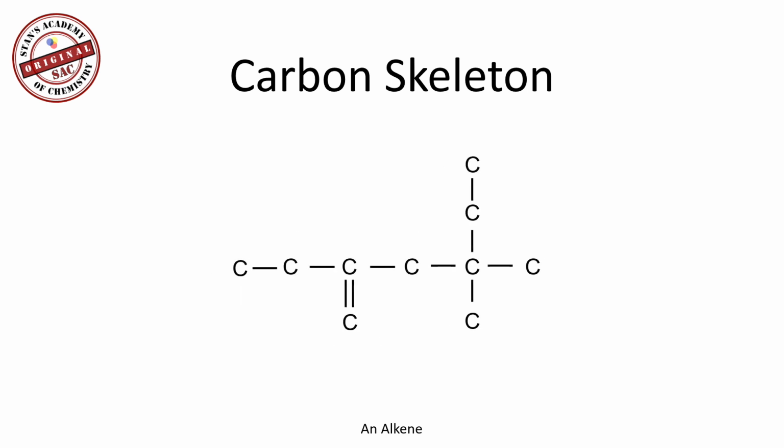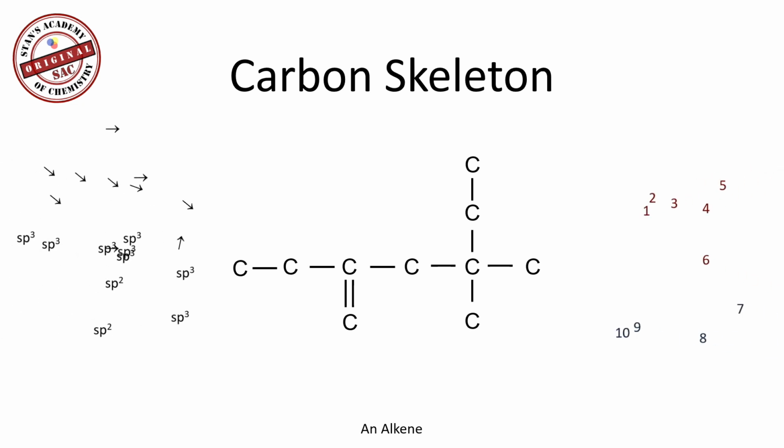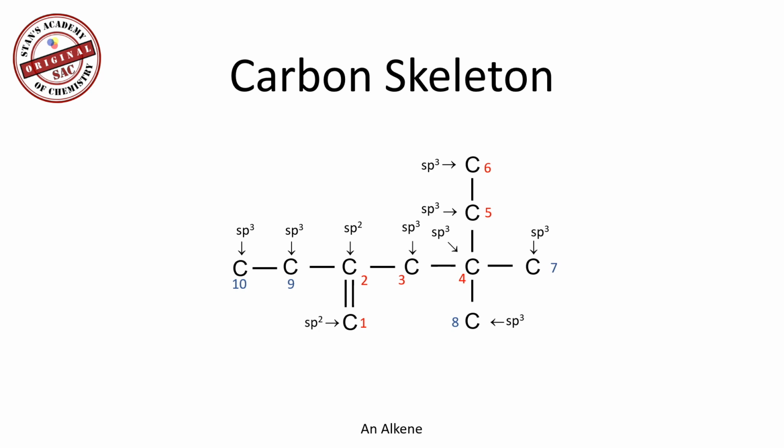Now, taking away the bonds, we can actually assign shapes to these carbon atoms depending upon whether it is an alkane or an alkene. So let's associate it with hybridization. Now, if you look at this arrangement right now, there are 10 carbon atoms, and of the 10, 1 and 2 are sp2 hybridized because it is attached by a double bond.